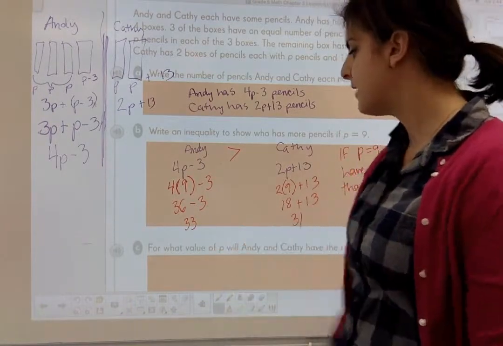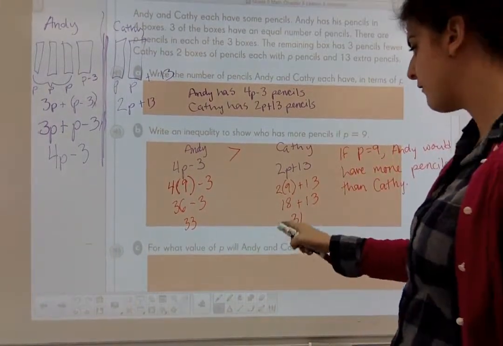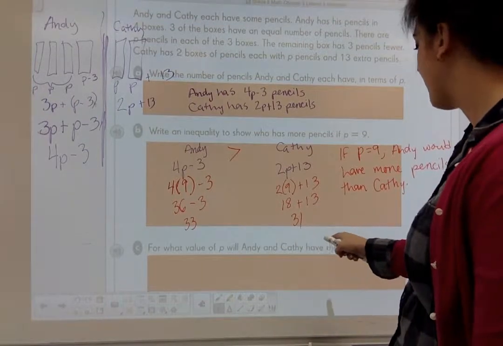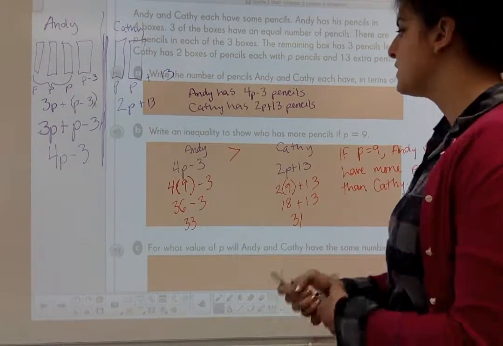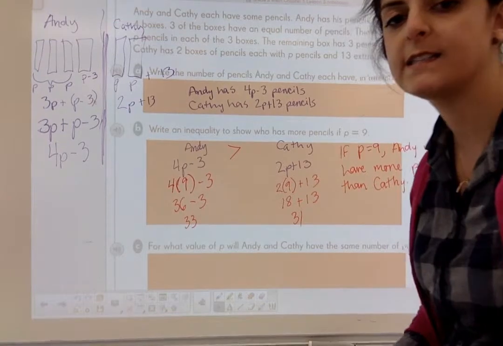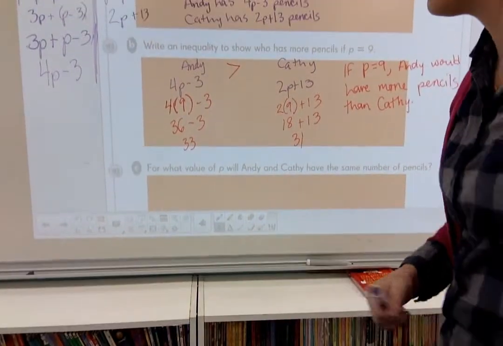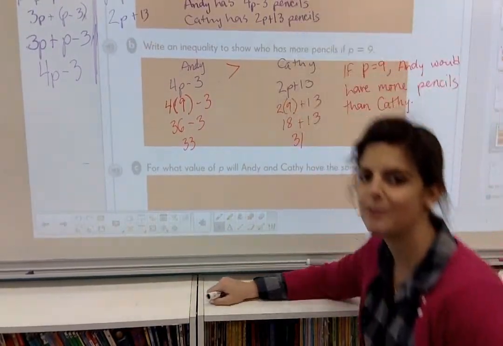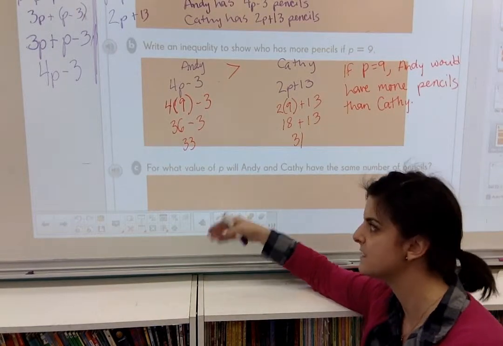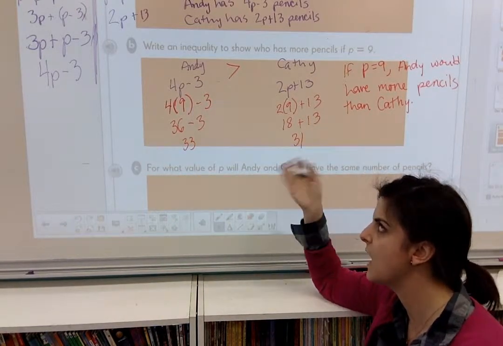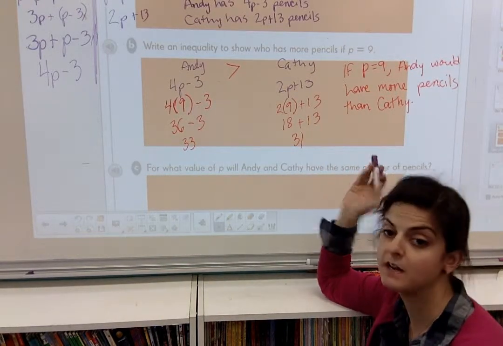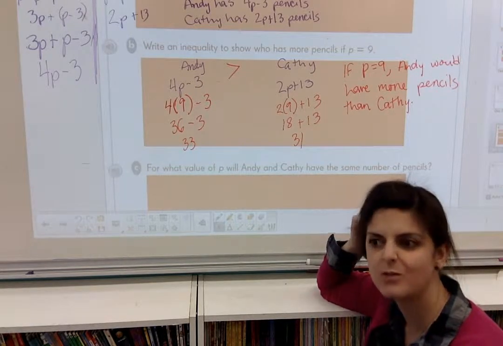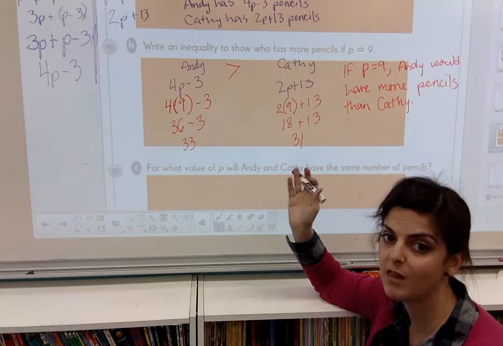So now, down here at the bottom it says, for what value of P will Andy and Kathy have the same number of pencils? This is going back to that whole balancing act from earlier. We talked about earlier in class how it would be really inefficient to guess and check for this, because we could check 9, then 10, 11, 8, 7. We would be doing a lot of work.